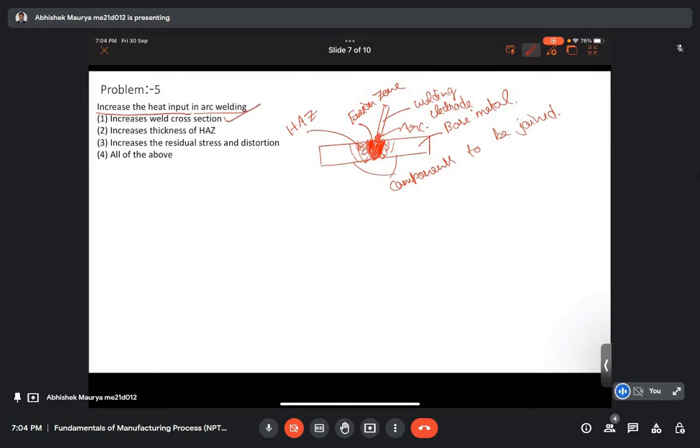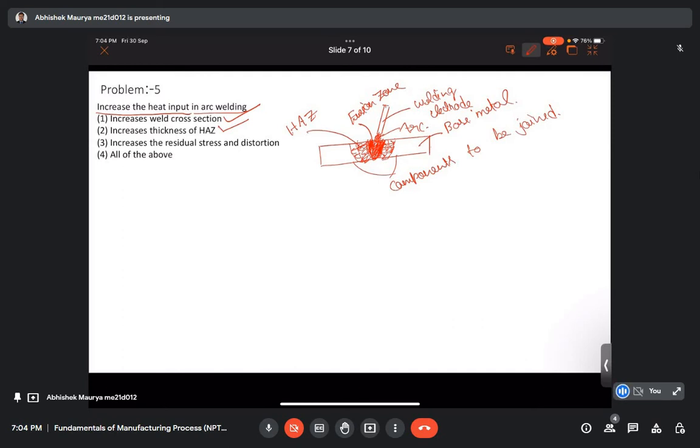Increase in thickness of HAZ. Yes, if we keep on supplying more heat, the heat transfer will happen to larger zones of the base metal, and it will affect the properties of the base metal to larger distances, and therefore the increase in thickness of the heat affected zone will happen.